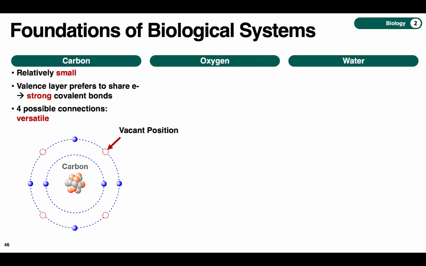Carbon is a relatively small atom with a half-filled valence orbital, and we talked about these in chemistry. If you need to learn more about this, I would send you to the chemistry video. So it has a half-filled valence orbital that is neither very keen to lose electrons or keen to gain electrons.